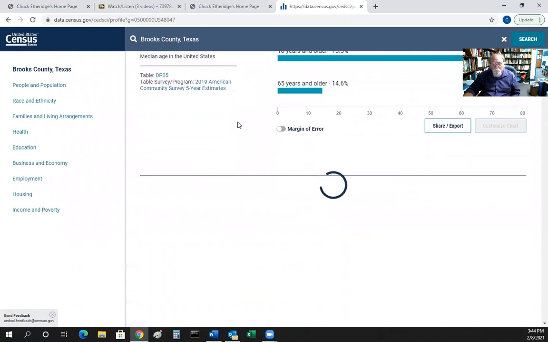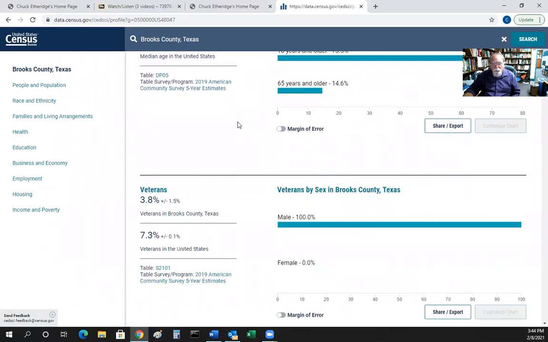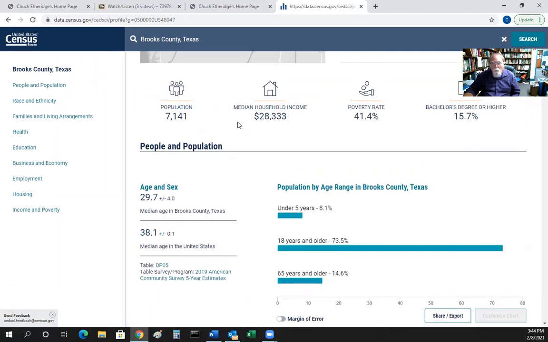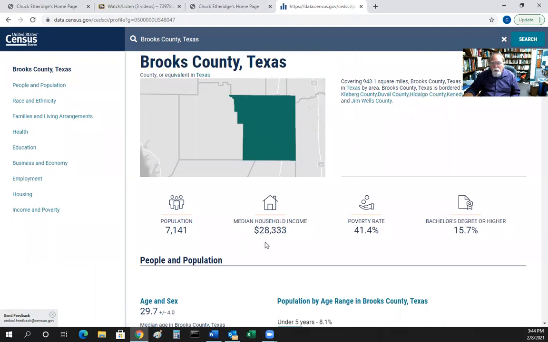Much younger population. Median household income, 28,000. That is significantly less than half the median income in the United States. And look at that poverty rate. That's more than 4 times the poverty rate as well.